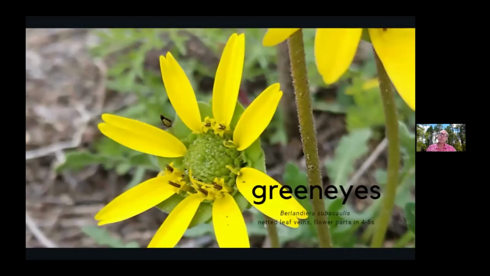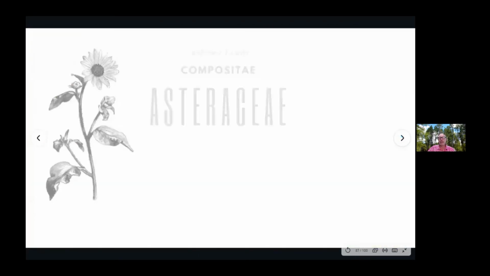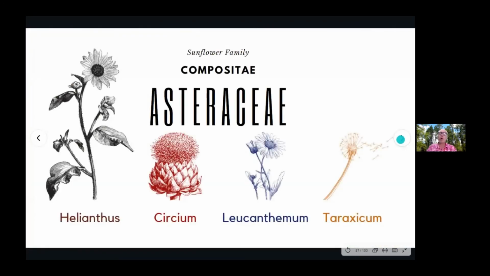Green eyes, this was our formerly unknown specimen with those yellow ray flowers, and then the tiny little disc flowers. But having all those tiny little flowers clustered very, very close to each other is one characteristic that holds this group of wildflowers together into what we know as the Asteraceae, including that genus Helianthus.